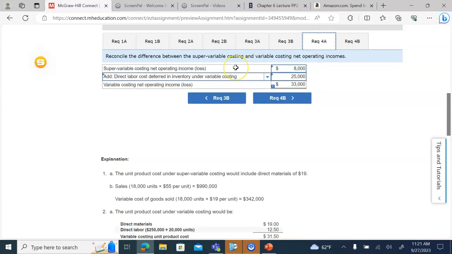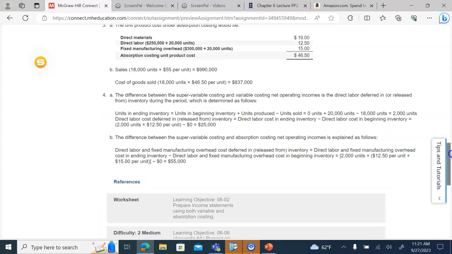Reconcile the difference between the variable costing methods. Let's go down here and show that the difference between them, the units in ending inventory will equal the units in beginning plus produced minus sold. Okay, so we've got 2,000 units left in year 1.